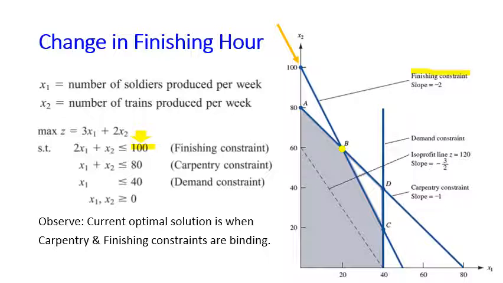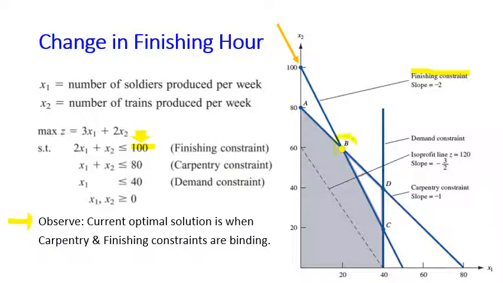So we are going to change the finishing constraint, and you see that it will affect our feasible region. One thing to observe here is that the current solution happens when the carpentry and finishing constraints are binding.